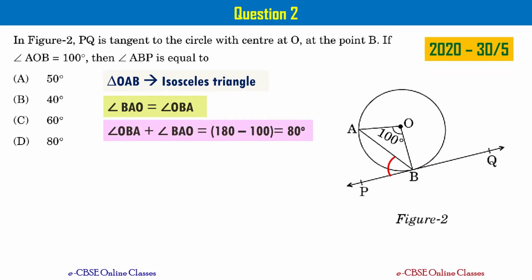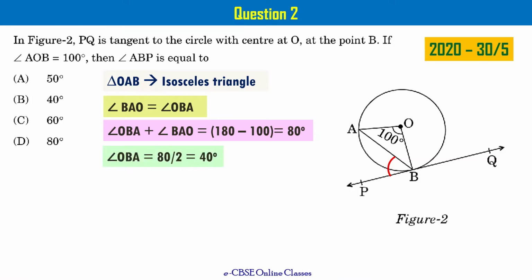And we said that angle OBA plus angle BAO equals 180 degrees minus angle O, that is 100 degrees. When you simplify it, you get angle OBA plus angle BAO equals 80 degrees. Since angle BAO equals angle OBA, we write 2 times angle OBA equals 80 degrees. It means angle OBA equals 40 degrees, right?